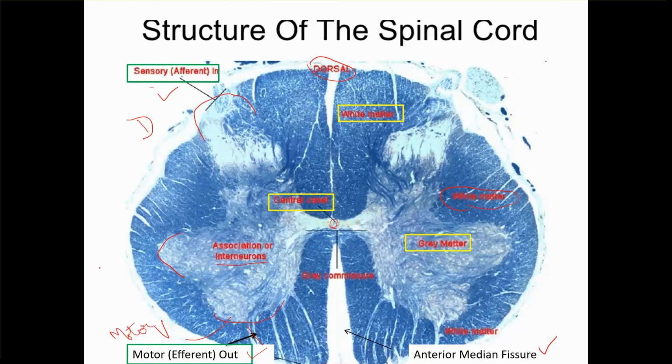It is for the sympathetic supply, related to the autonomic nervous system. So the lateral horn is not seen in all sections of the spinal cord.